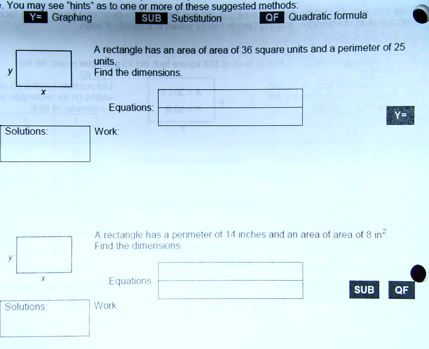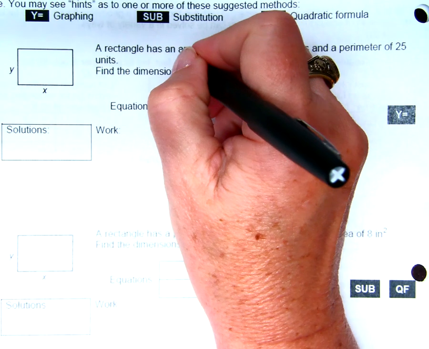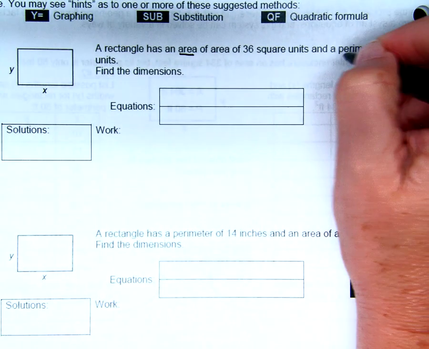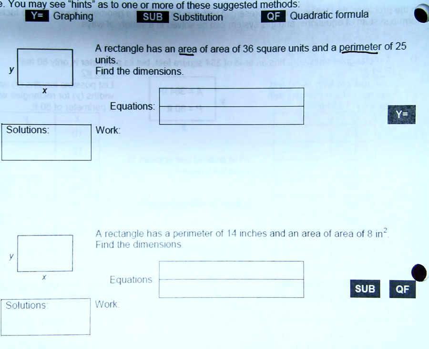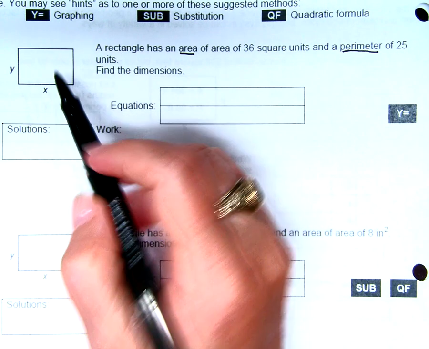A rectangle has an area of 36 square units and a perimeter of 25 units. Find the dimensions. Well, it gives me 2 things I have to look for, right? Area and perimeter. Do you know how to find area? How do you find area of this?